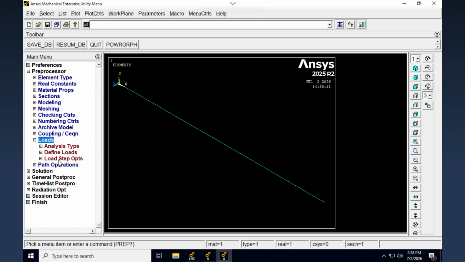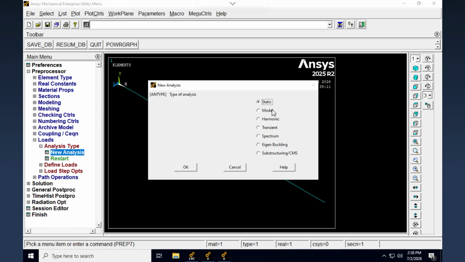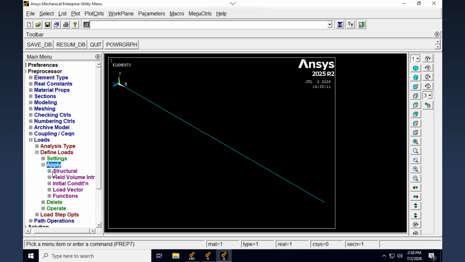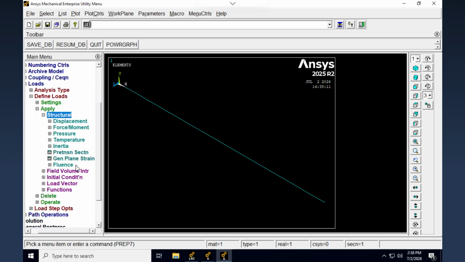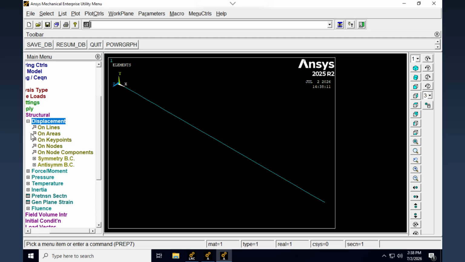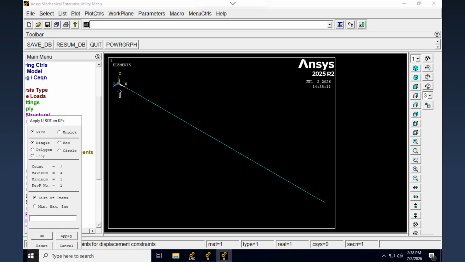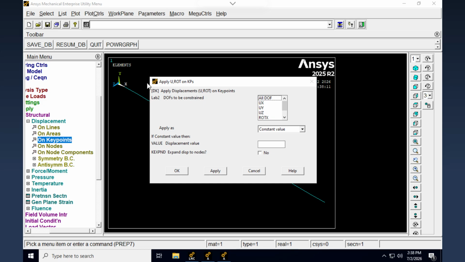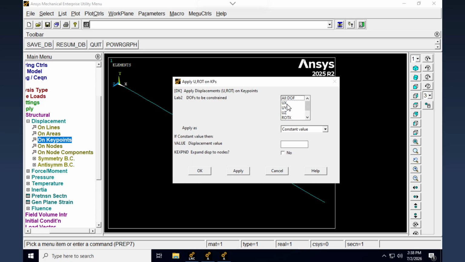Then you go to loads, analysis types, it's static, and then apply structural displacement on key points. Okay, this key point is the left bearing. At that point, translational motions, I'm gonna fix them.